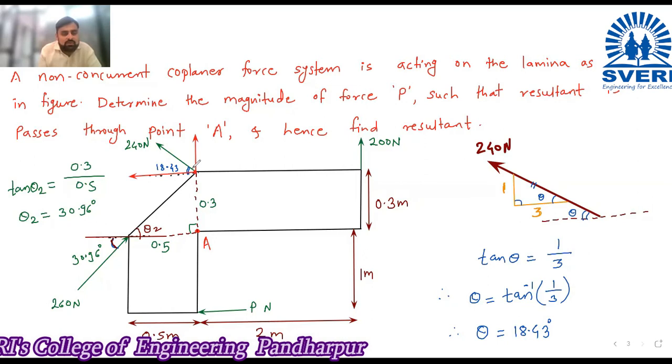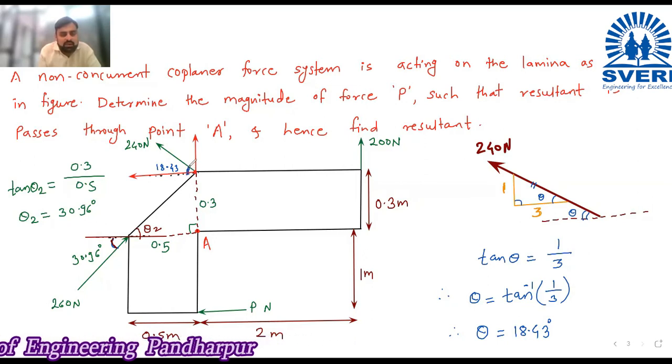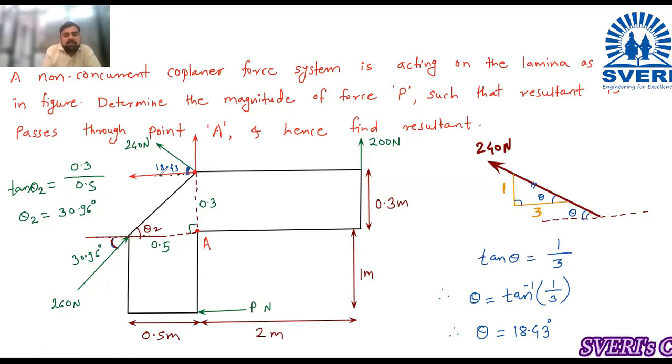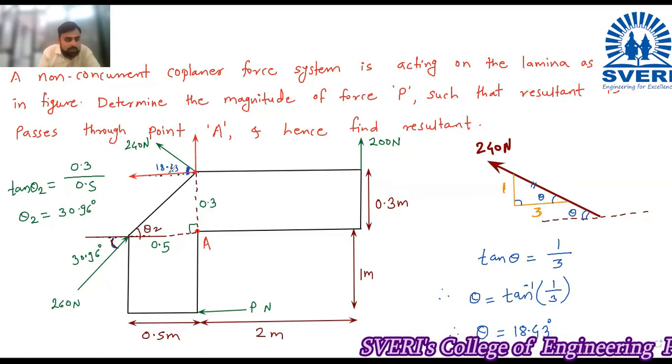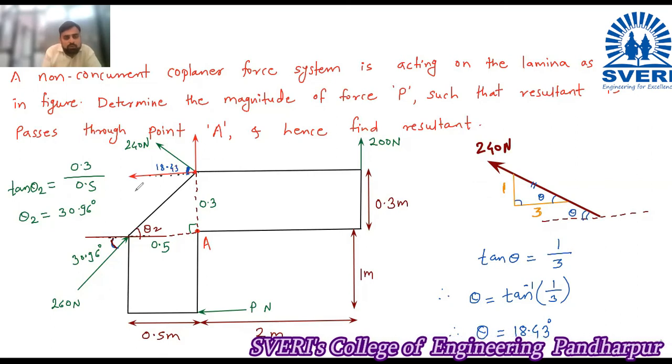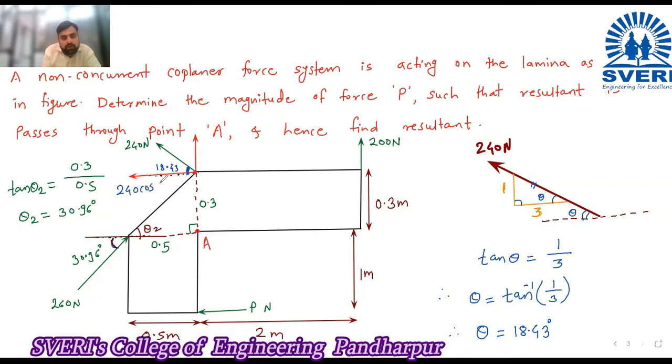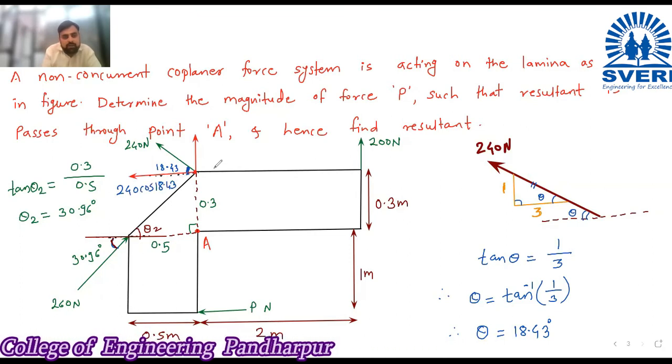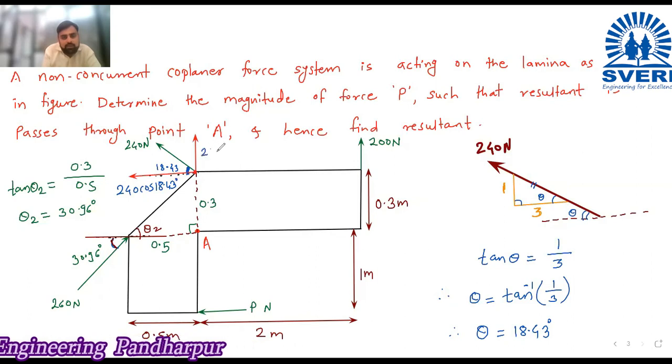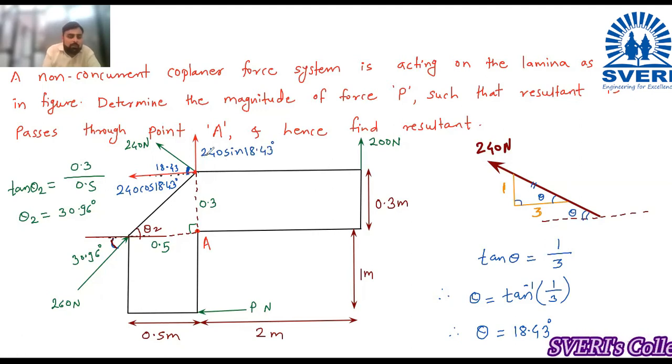The x component we will give cos, because this angle 18.43 is subtended with the x-axis, that is the horizontal component. The component adjacent to the angle we always call cos. So we give cos to this x component. So it is 240 cos of 18.43. This is one component. Another component is 240 sine of 18.43. This is your vertical component.